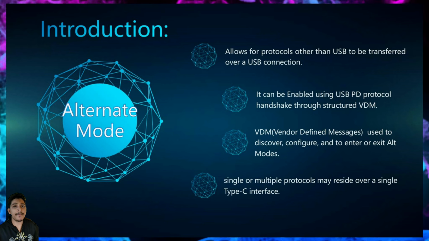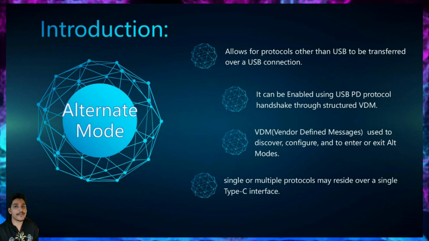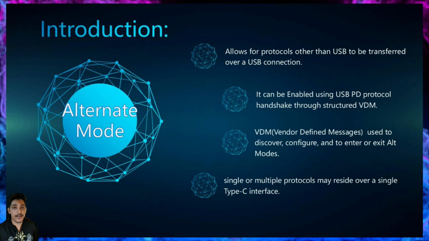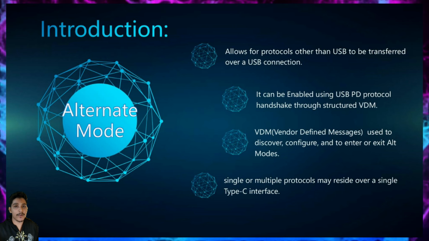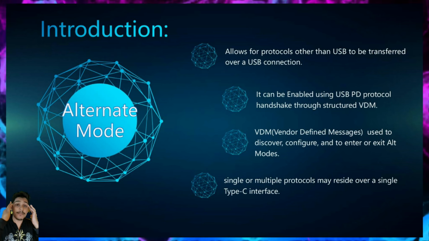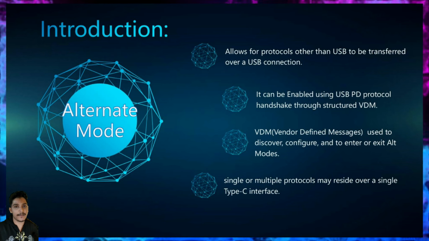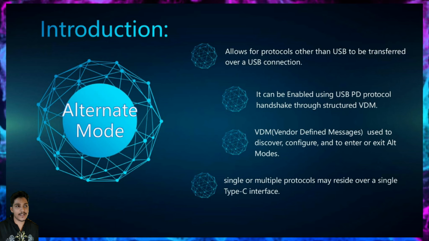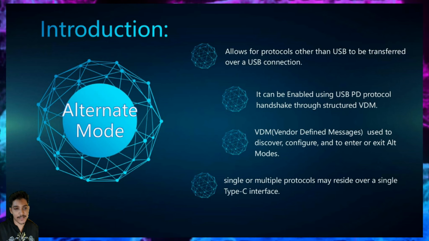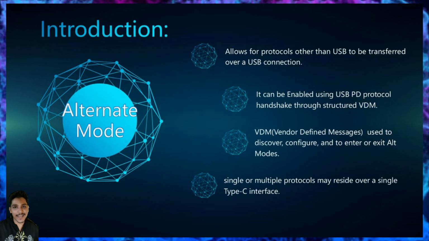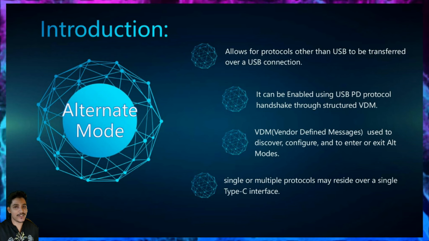Single or multiple protocols can reside over a single Type C cable. It's not like you can only implement one type of protocol; you can implement different protocols inside a single cable. I'm not sure whether this is a proper example, but let's say I2C, while you are also transmitting HDMI data.